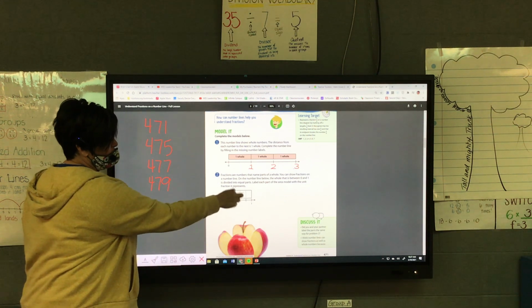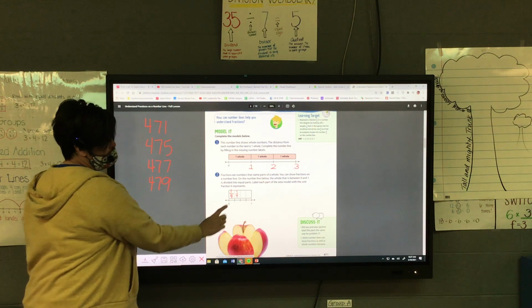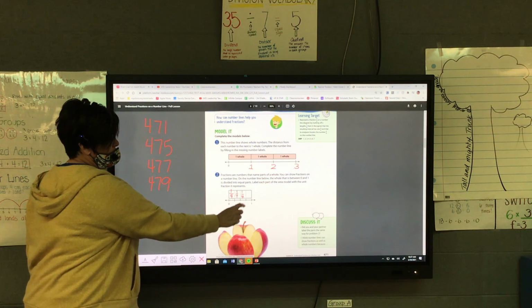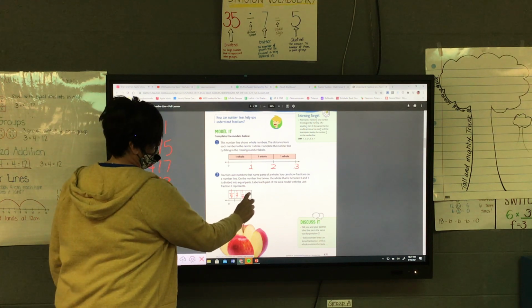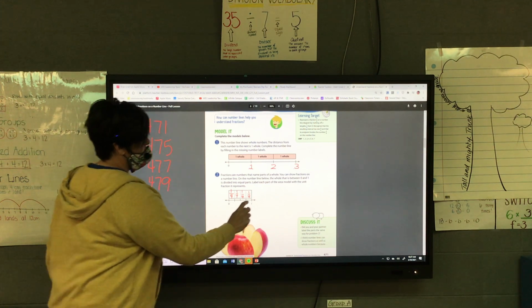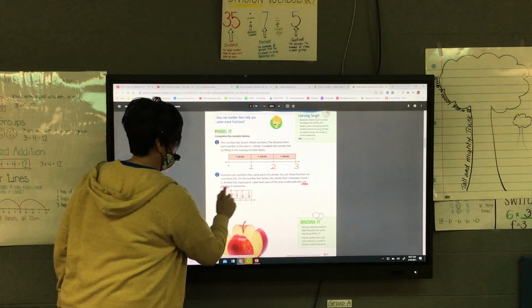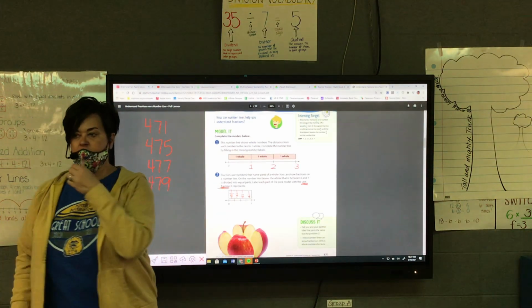This is also what? 1/4. That makes this one also 1/4. What about this last one? 1/4. So the unit fraction is the same for all of those.